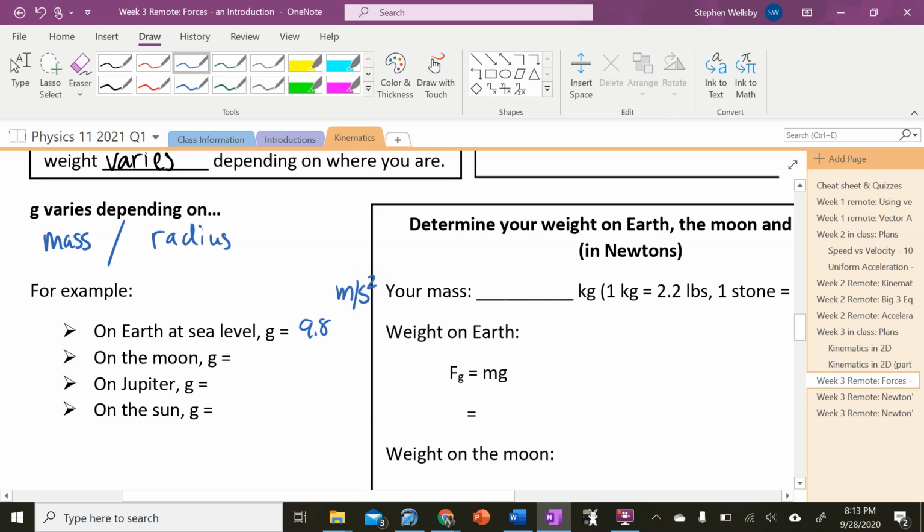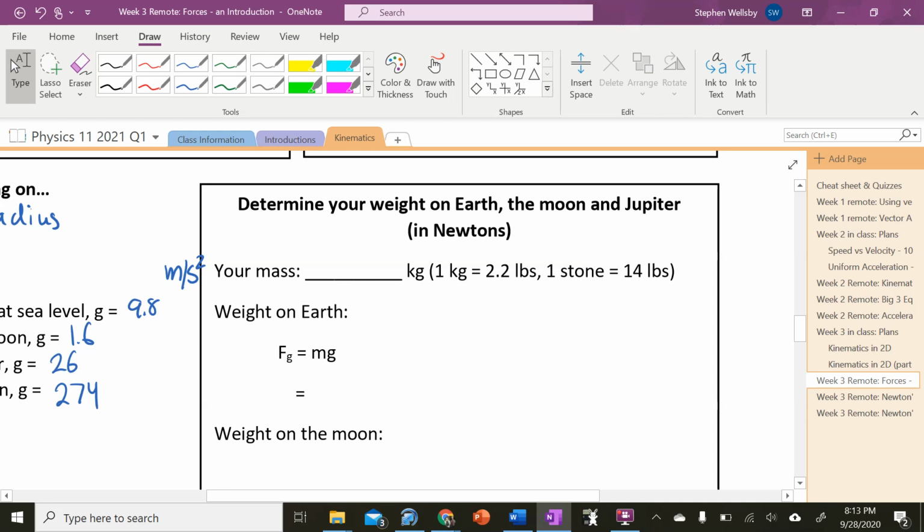On the Moon, it's around 1.6. On Jupiter, 26. On the Sun, 274. So what this would mean is every kilogram of mass that's close to the surface of the Sun is going to experience a force of 274 newtons pulling it down, which is obviously much, much greater than what we have on Earth.